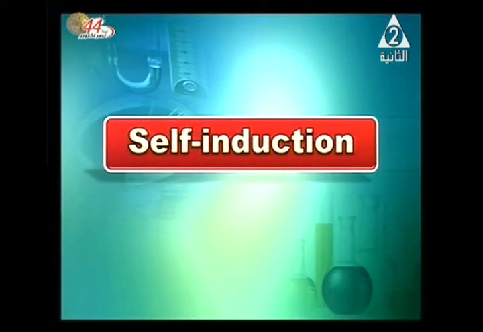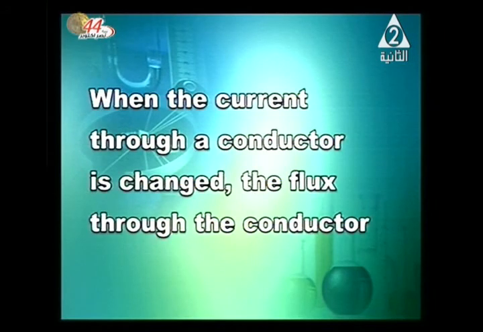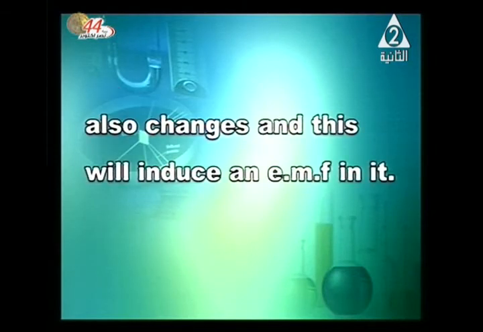Okay. And now talking about another phenomenon called self-induction. What about it? It is the generation of an EMF in a coil, in a circuit, when the current flowing through a conductor is changed, the flux through the conductor is changed also, and this will induce an EMF in it.